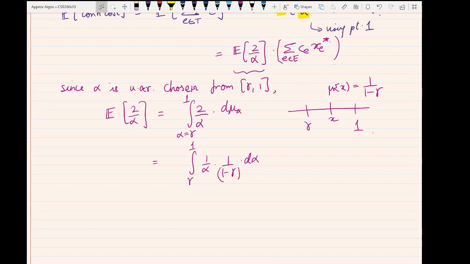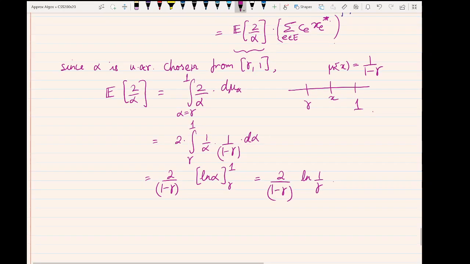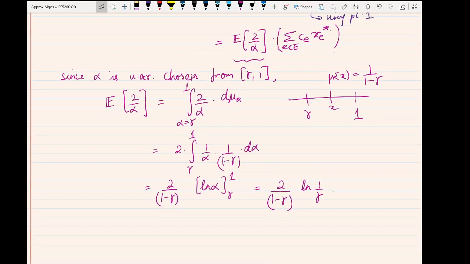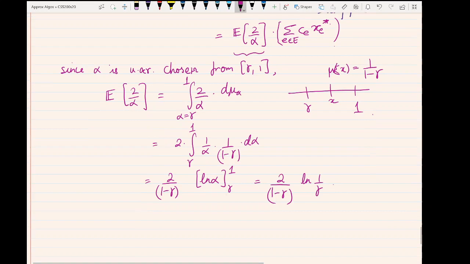And if you integrate this out, you get the 2 outside, 2 divided by 1 minus gamma of ln alpha going from gamma to 1, which turns out to be 2 over 1 minus gamma times natural log of 1 over gamma. So I'm using some facts on conditional expectation, which I assume you're familiar with.